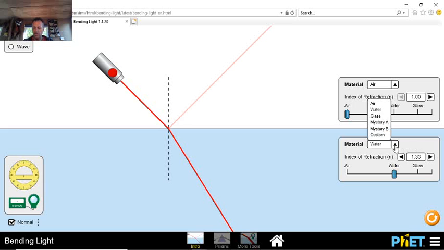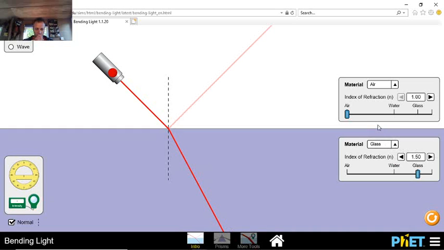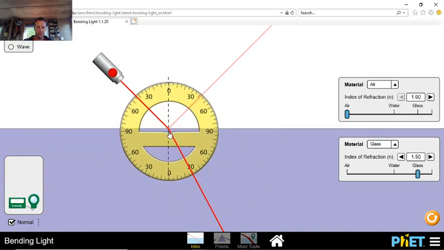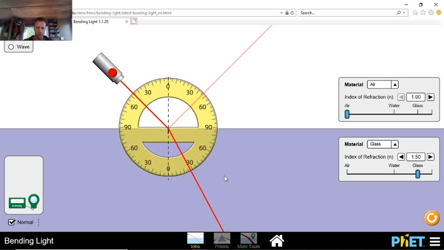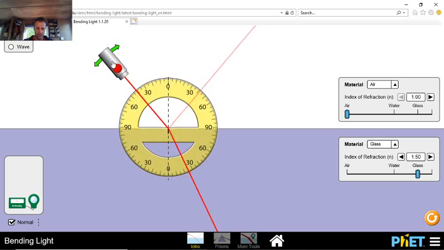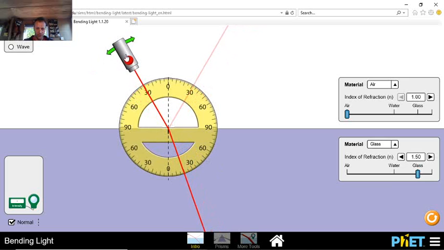Now, what I'm going to do is change my medium here to glass. And what you can do is put your protractor here like so. And I'm going to get it on. And what you can do here is I'm going to change the angle. And you can see here the angle is going to be 30 degrees.